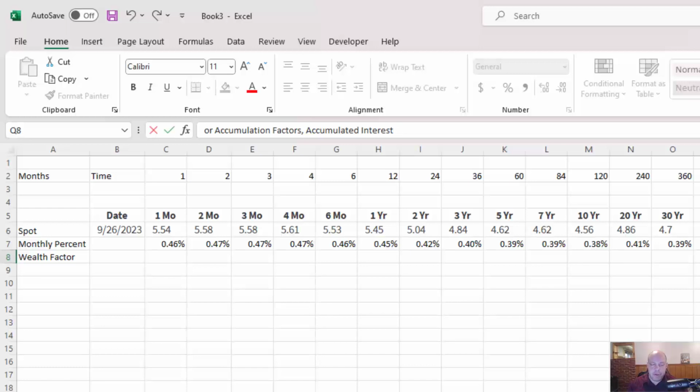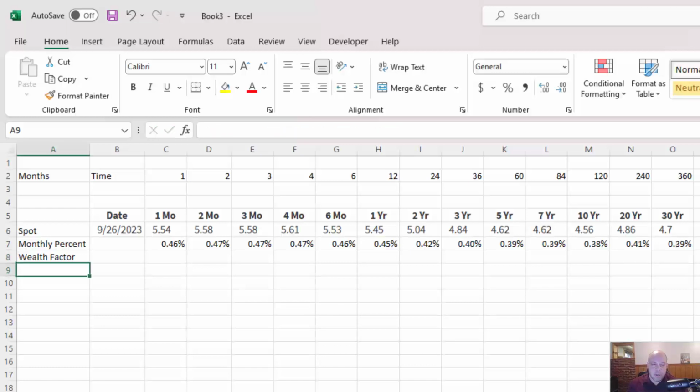All these factors are really saying is how much money, if you invested $1 today, would you end up with after 1 month, after 2 months, after 3 months, 6, 12, 24, etc., based on this spot curve.